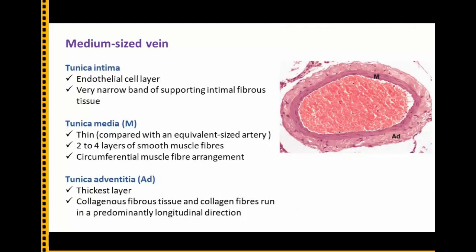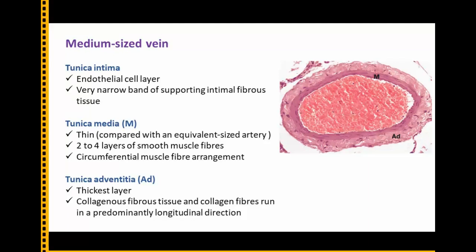This one is a medium size vein. You can see it has more distinct layers: tunica intima, then tunica media and the adventitia. The tunica intima is an endothelial cell layer with a very narrow supporting band of fibrous tissue.